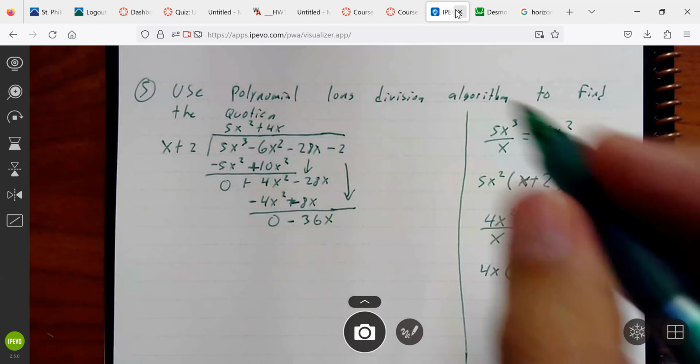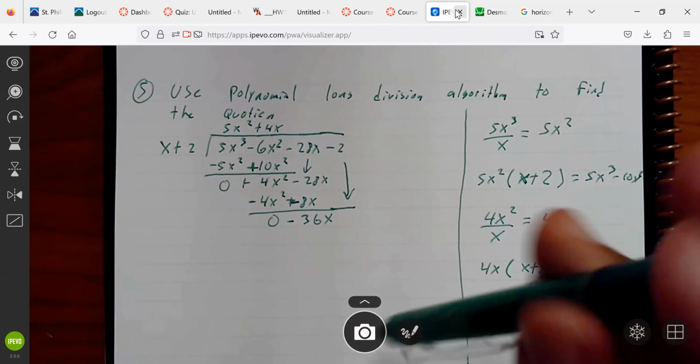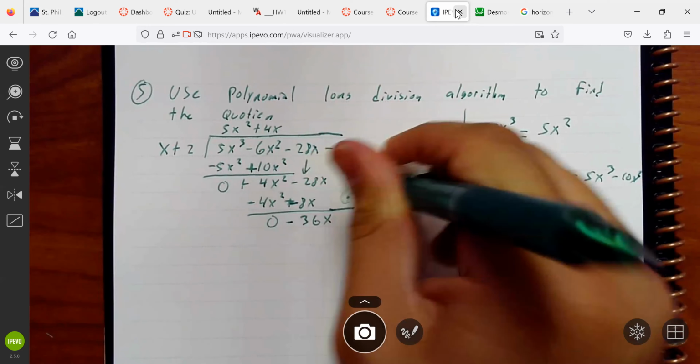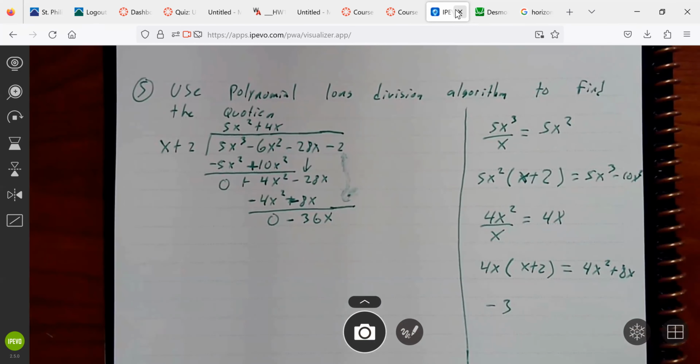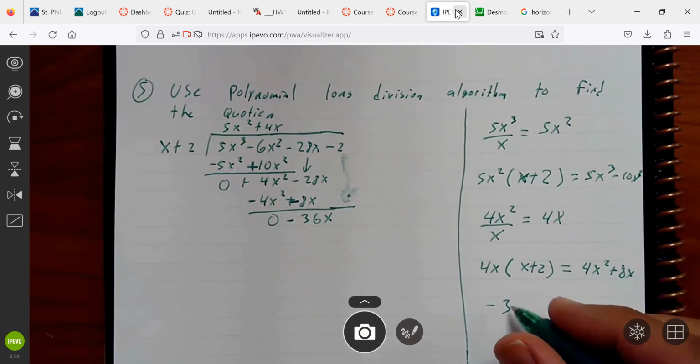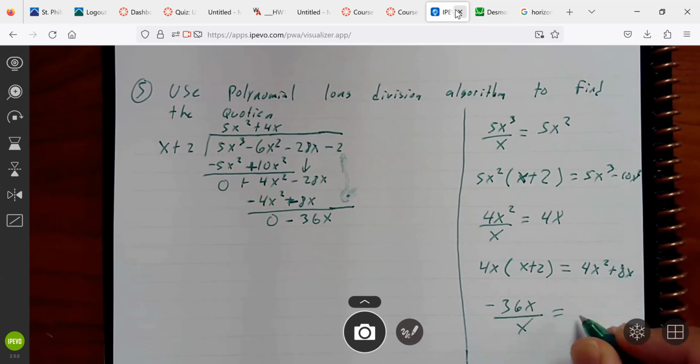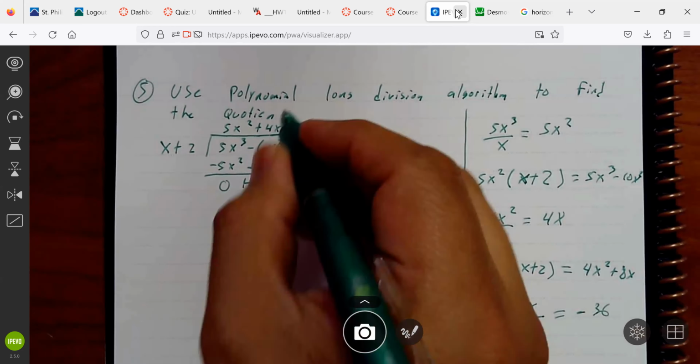X goes into that. I'll do this later. Divide this by x, giving us negative 36.